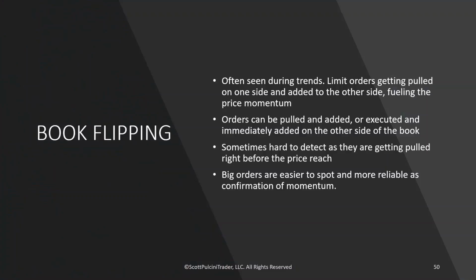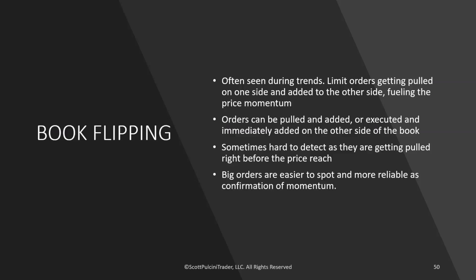so the book flipping you will often see during trend days. So there are limit orders that are getting pulled on one side and added to the other side, and those will fuel the price momentum. Okay, orders can be pulled and added, or executed and immediately added on the other side of the book.